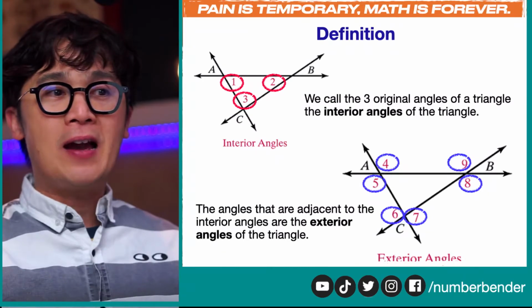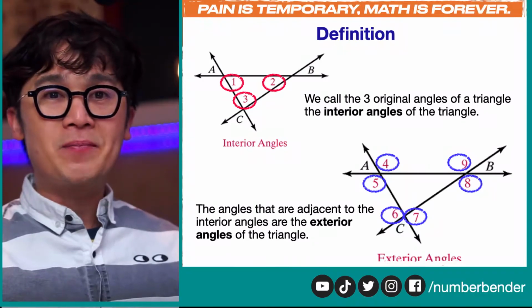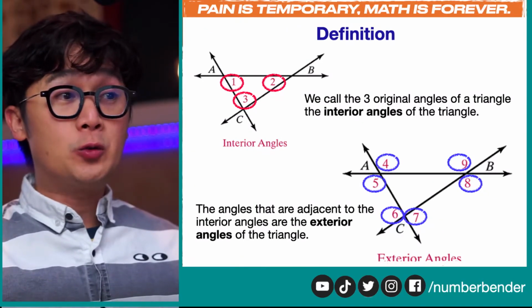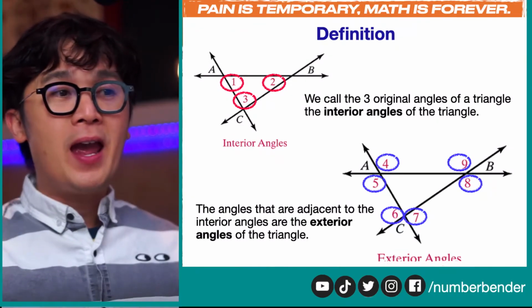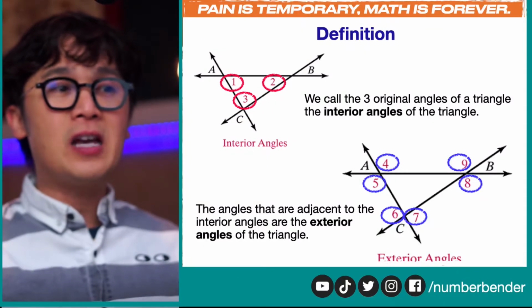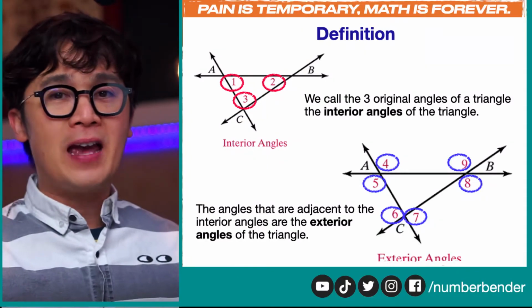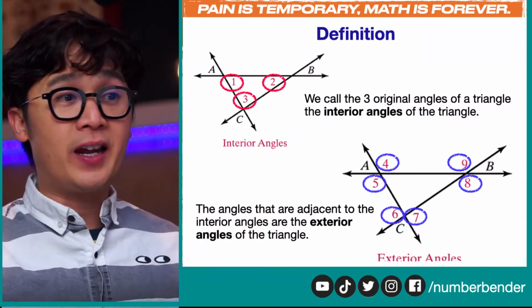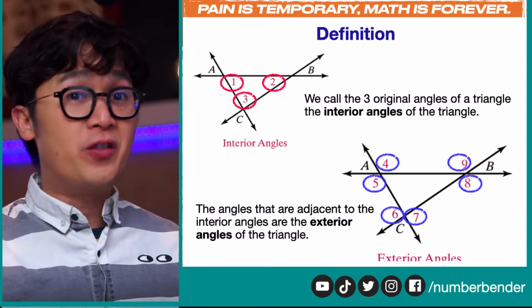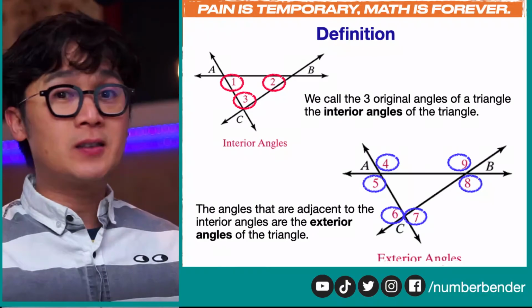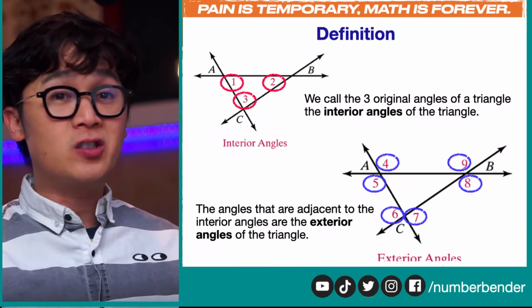Notice that angles A, B, and C are vertical to 1, 2, and 3, and that means those angles are congruent. And speaking of vertical angles, you will also notice that 4 and 5, 9 and 8, and 6 and 7 are all vertical angles, which means those pairs of angles are congruent.